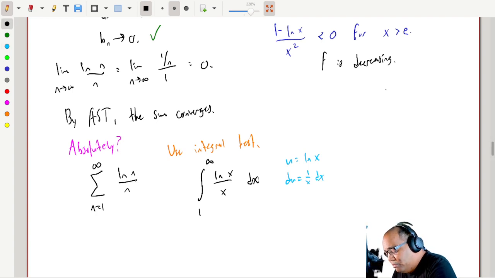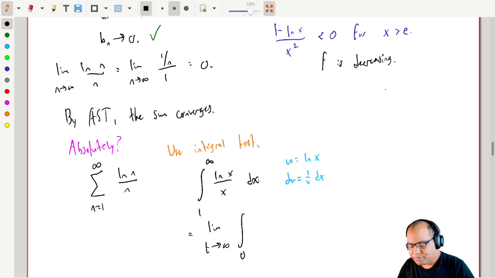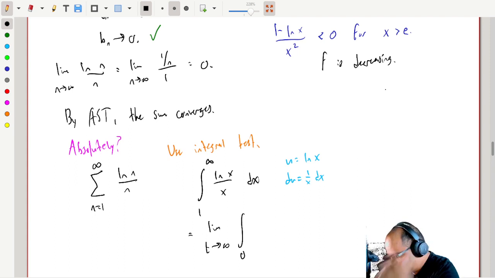So remember our improper integral techniques. We're going to take the limit here as t goes to infinity of this integral. When x is 1, u is 0. And as t goes to infinity, u goes to infinity. So we'll have t to infinity up there.